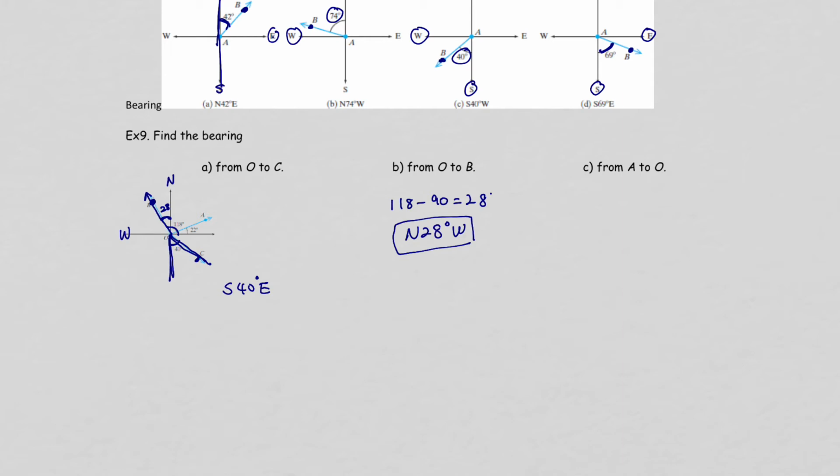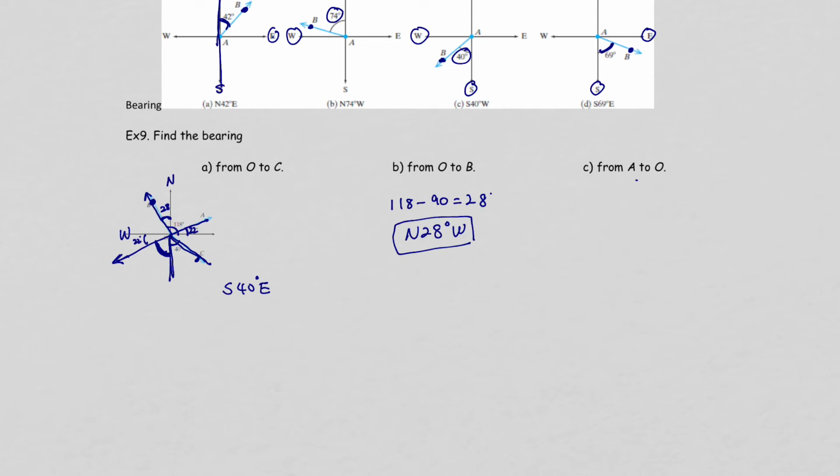What about this one? It is asking for A to O. A to O is from this point in this direction. Even though A and O are in the first quadrant, because it's going the other direction, we're going to use this angle right here. How do we find this angle? That's going to be opposite of 22, so this is 22 degrees.